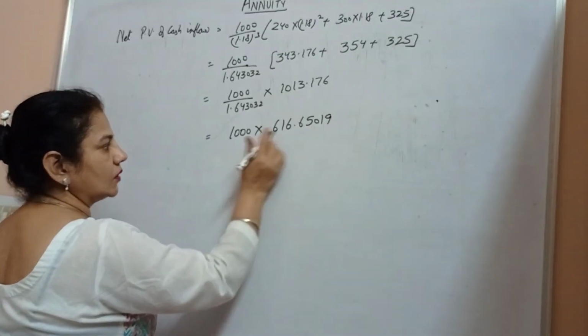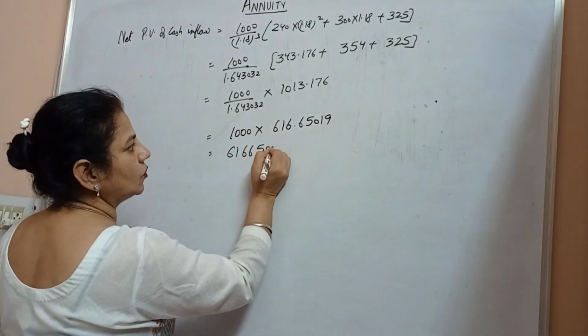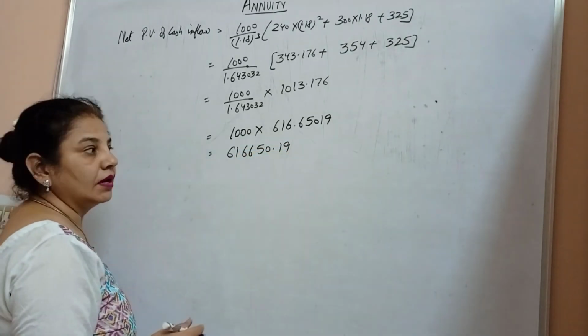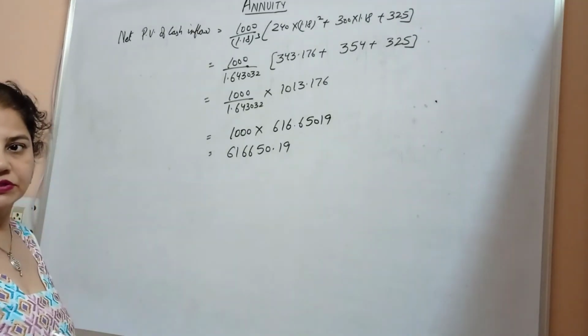When you multiply it by 1000, you will get 616,650.19. This is the net present value of cash inflow.